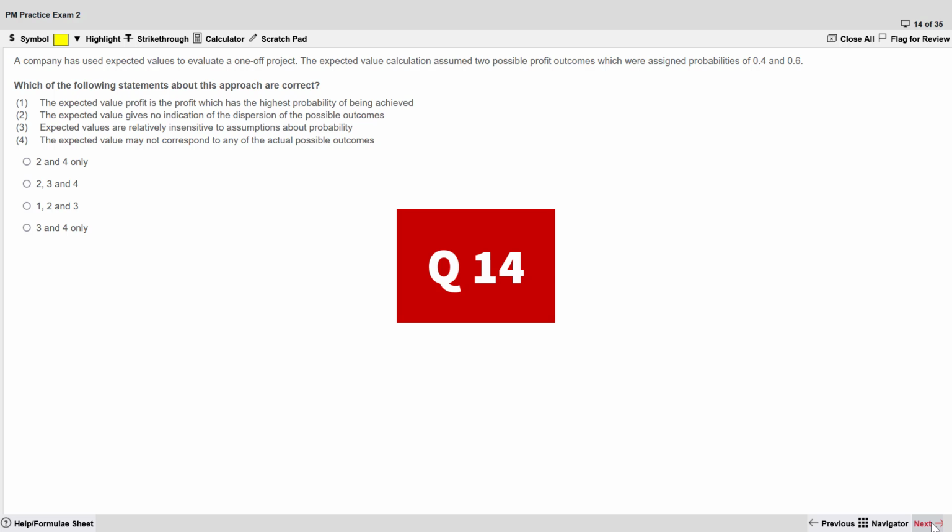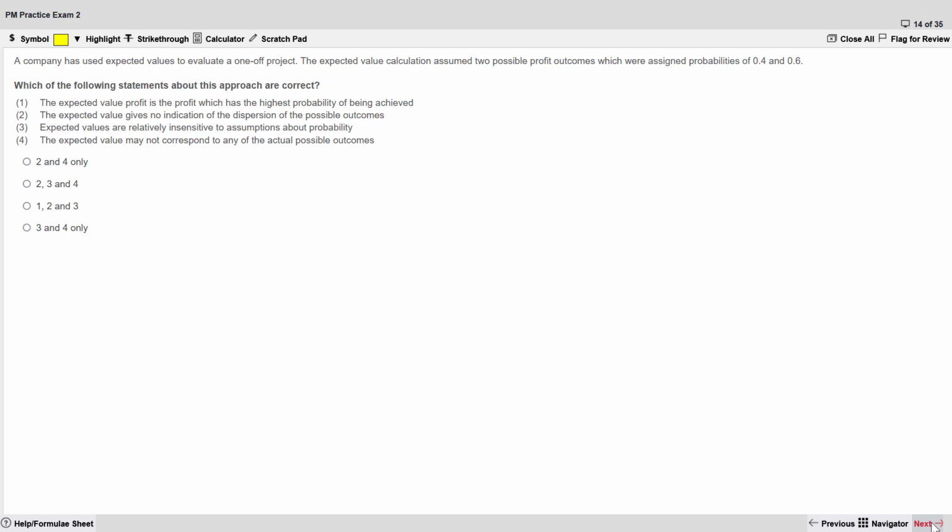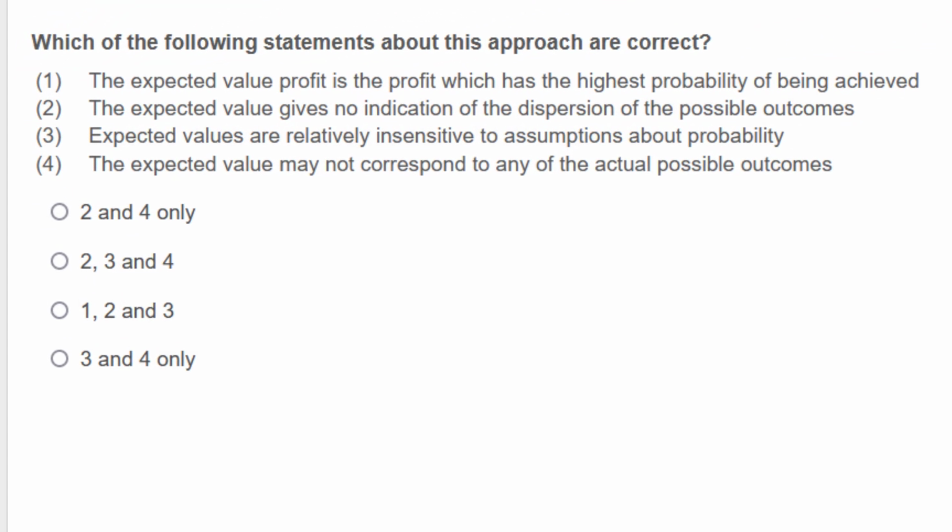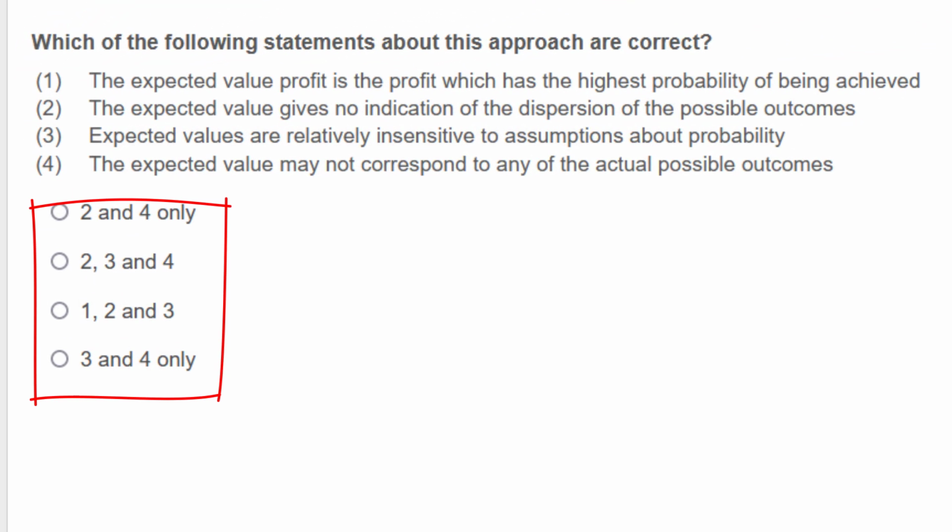Moving on to question 14, we have a classic question type where we need to evaluate statements and select the correct combination of statements. I like to look at the options first. And doing that, I see that one answer needs to be incorrect or two need to be incorrect. All four cannot be correct.